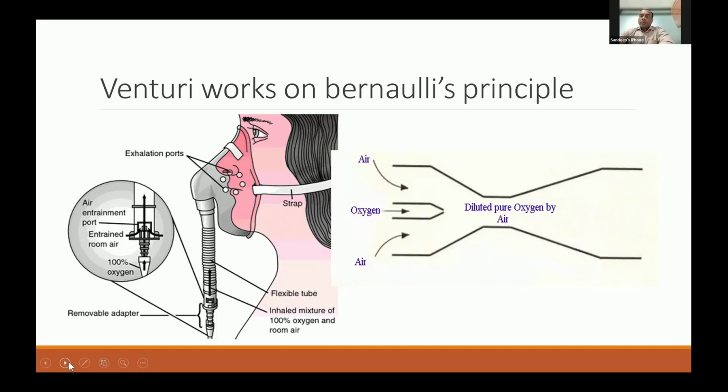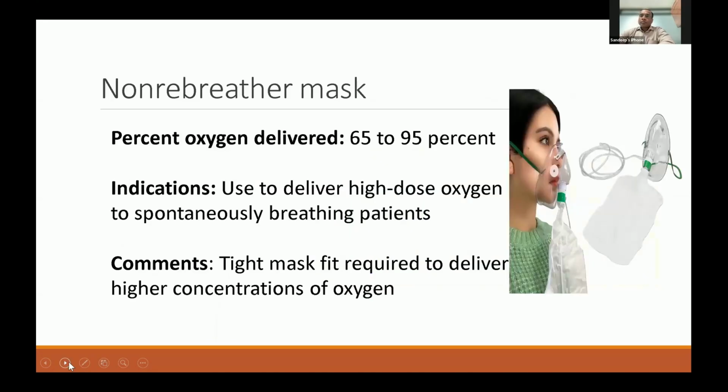Next slide, please. Now, non-rebreathing mask. I'm sure all of you must have seen non-rebreathing mask. If you see the picture on the right side, you can see there is a large reservoir bag which is attached to the mask. Now, what does this reservoir bag do?